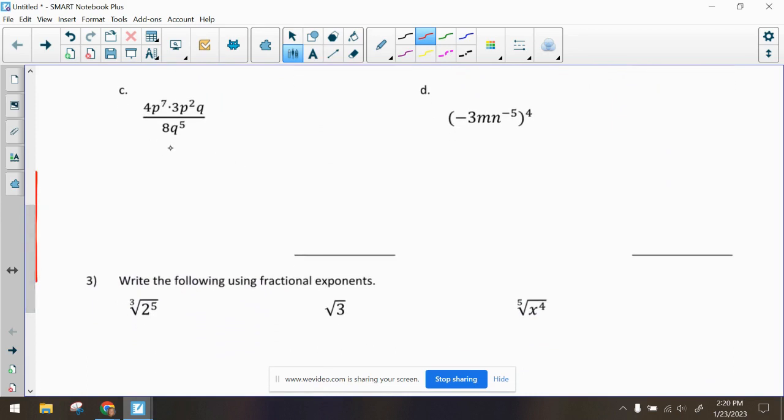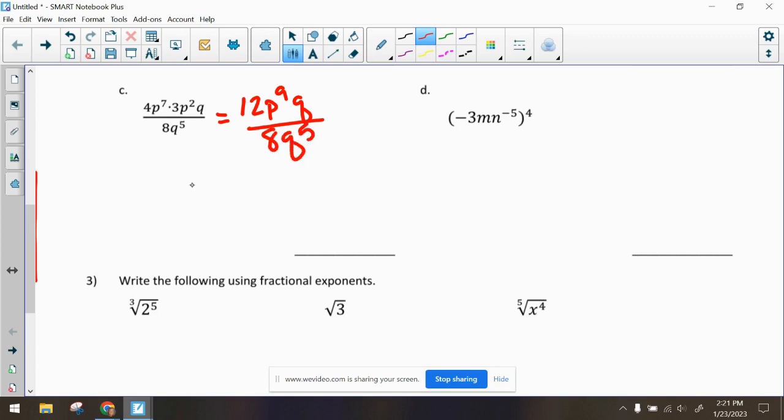We're going to start by getting the top part of the fraction, the numerator, as simple as we can. Then we can start to simplify. So this is going to be 12 p to the 9th. P to the 7th times p squared gives me p to the 9th. Then q over 8q to the 5th. So I'm going to start with the fraction part.